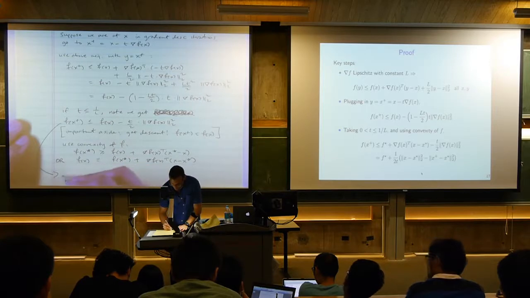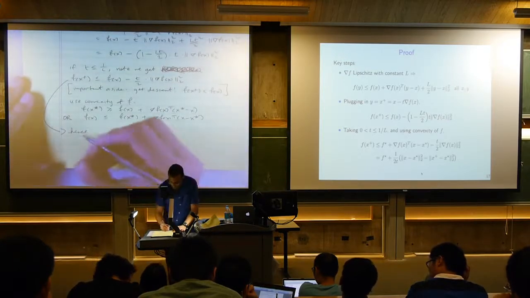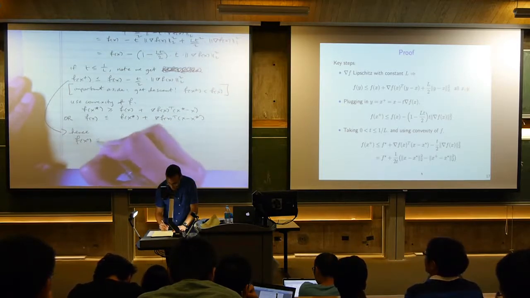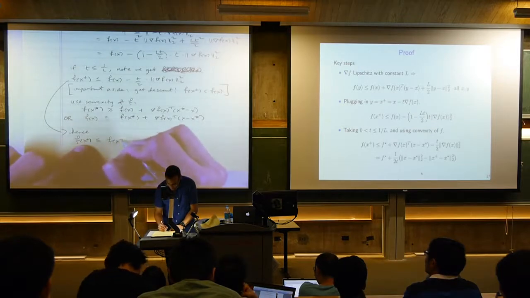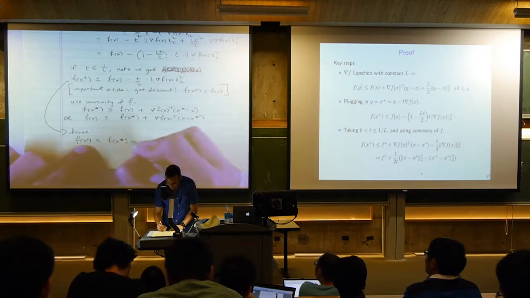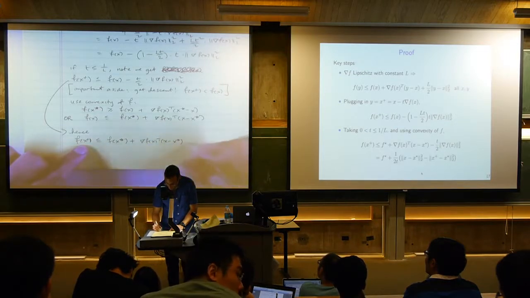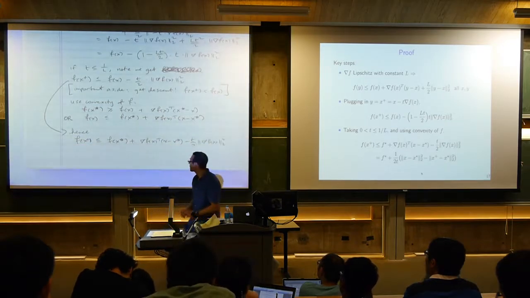So coming from this step, at the next iteration we're less than or equal to f of x star plus the gradient of f at x transpose x minus x star minus t over 2 times the squared norm of the gradient of f of x.